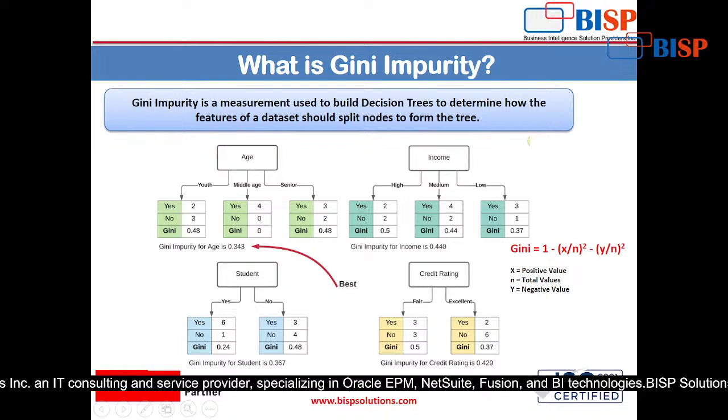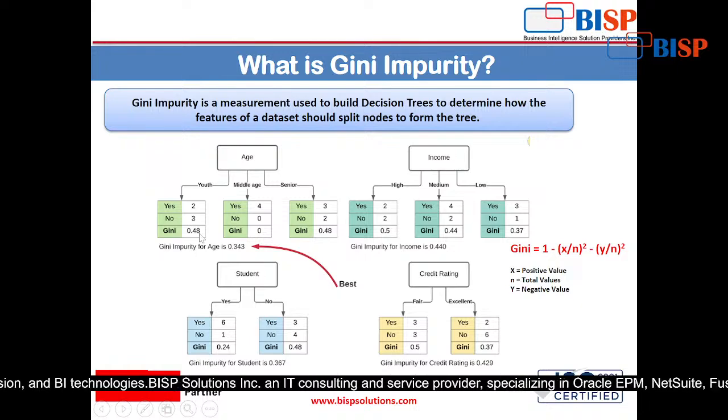Now see here, x is the positive value, n is the total values, and y is the negative value. This is the formula which is derived, right? So if you see here, age: youth, middle age, senior, yes 2, no 3.